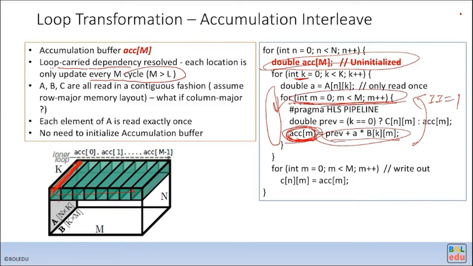Another nice thing is that for the A, B, C matrices, all are read in a continuous fashion. For example, for the A array, you can do the burst on k because it increments by k. And if you look at the B matrix, you continuously read, the index is m.